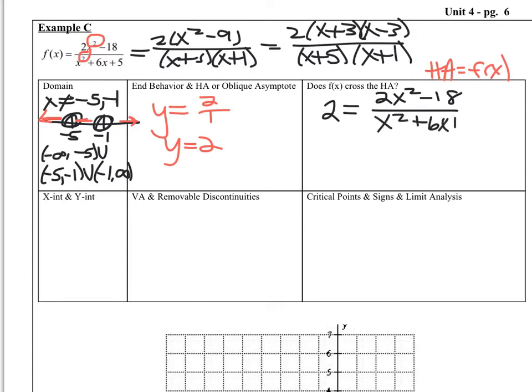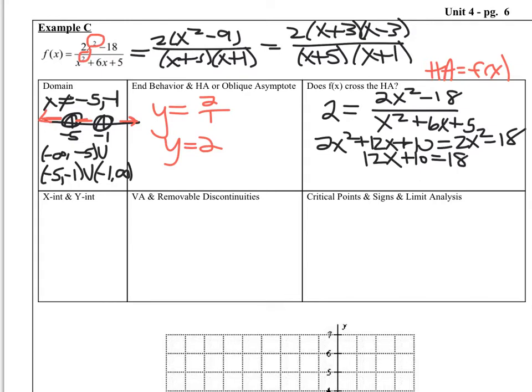Okay, now this time I'm going to cross multiply and I'm going to go ahead and distribute this 2. So that would give me 2x squared plus 12x plus 10. You see I just distributed that 2 into everything. Okay, so when I subtract those 2x squares, they're going to cancel. So I get 12x plus 10 equals negative 18. Lost a negative there.